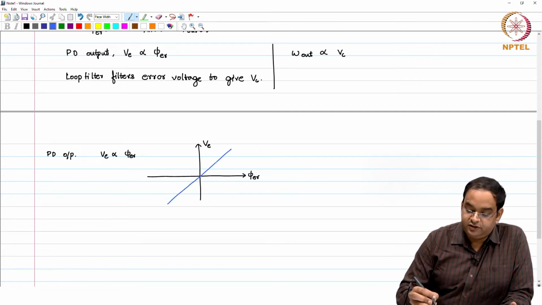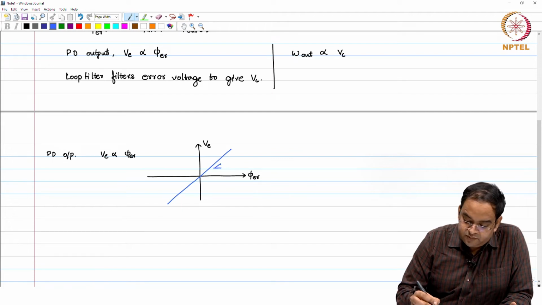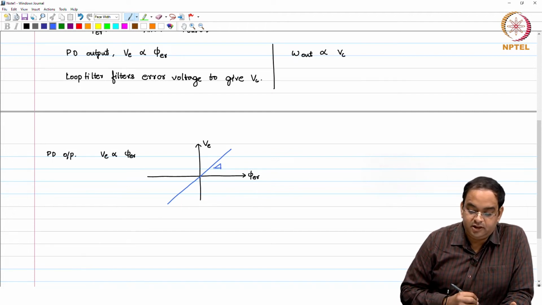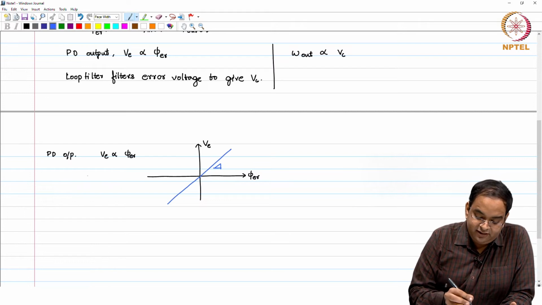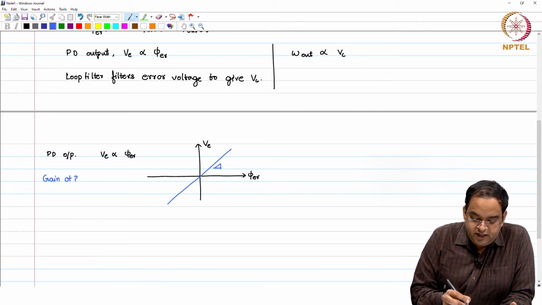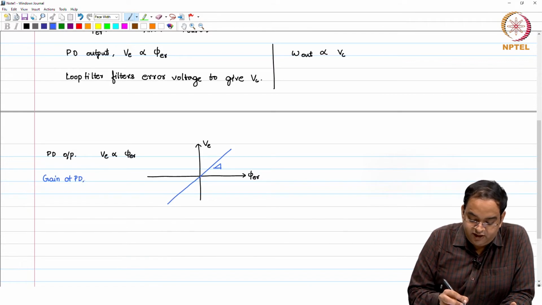The slope of this particular curve is defined as the gain of the PD, which you can define as K_PD, and K_PD is the derivative of V_error with respect to phase error.